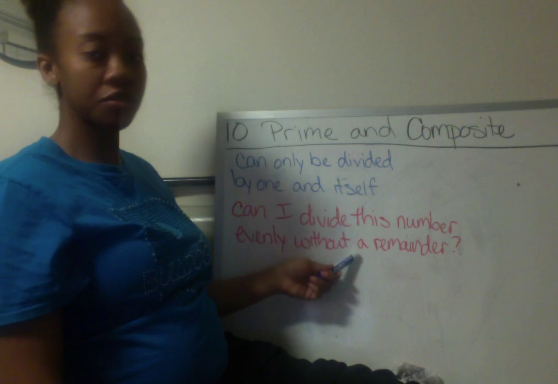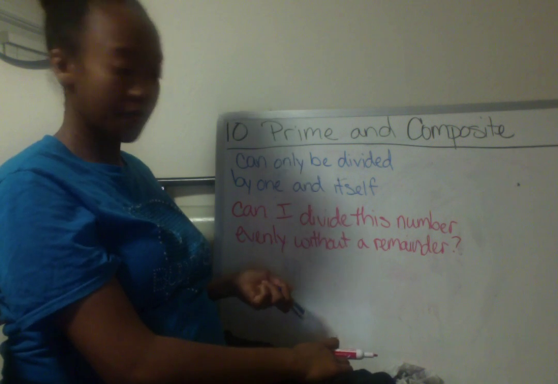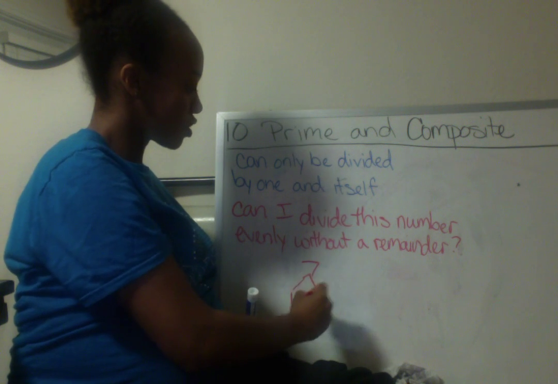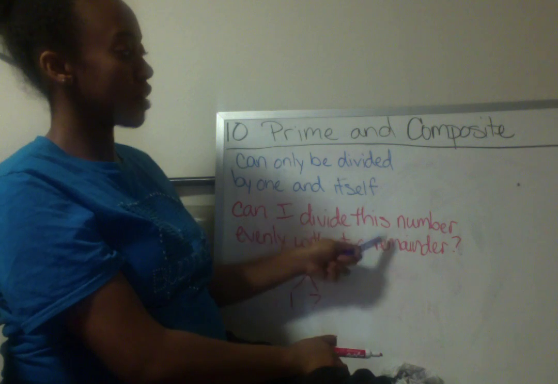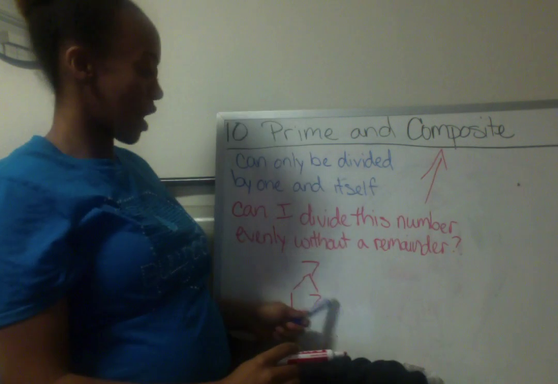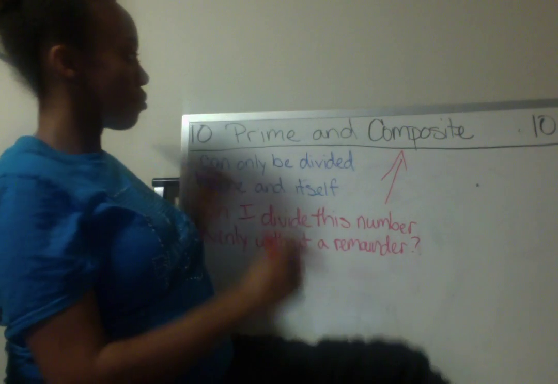But there's a catch with this because, for example, 7, yes, I can do it, but with 7, I can only do it with these two numbers. For it to be composite, this has to happen more than one time. So I need to have more than one factor.